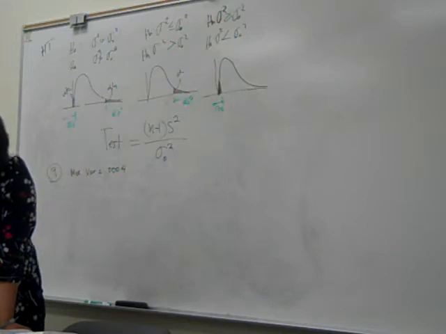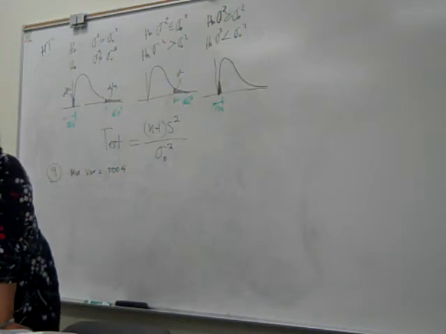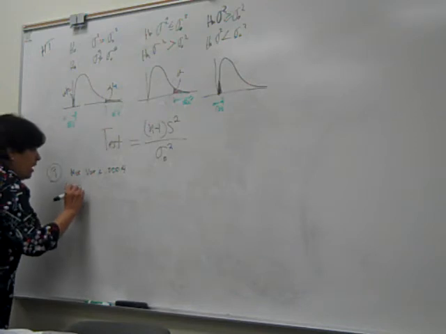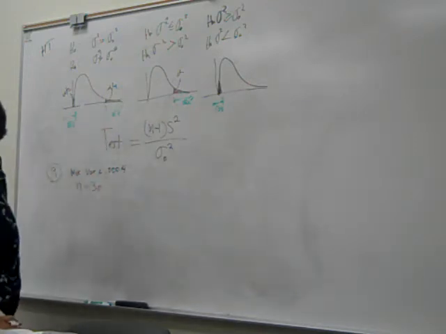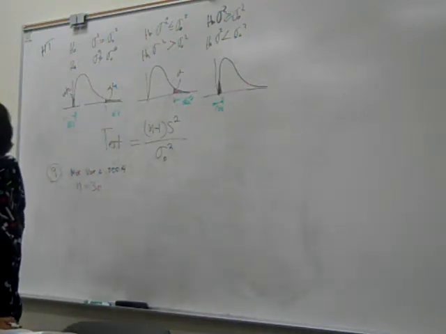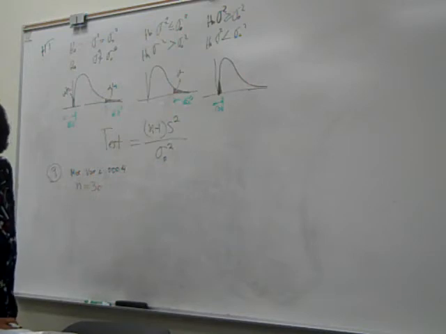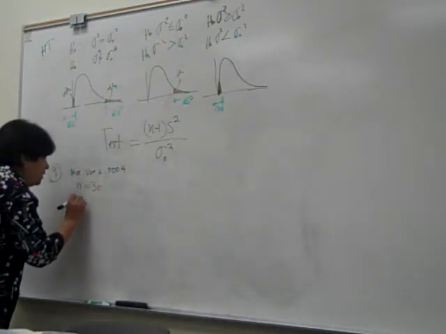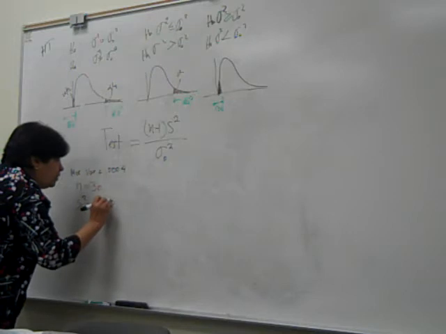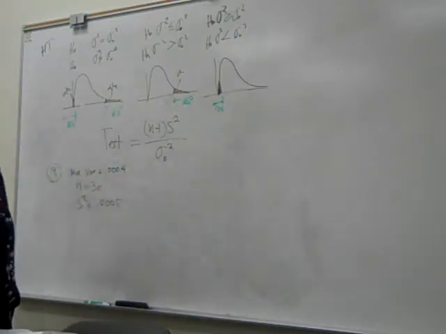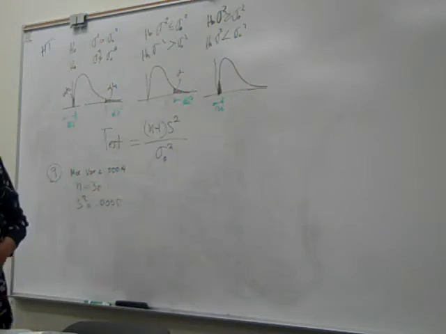Suppose that we have a sample of 30 parts, so n is equal to 30, and s squared turns out to be 0.0005. And we want to know whether the population variance specification is being violated.